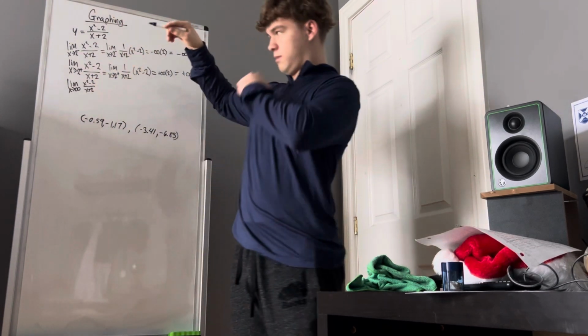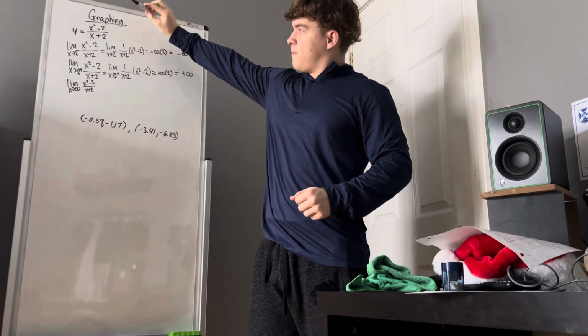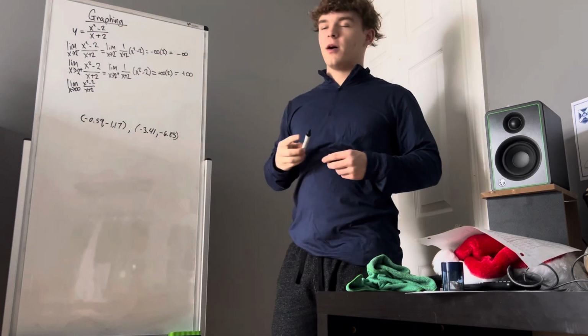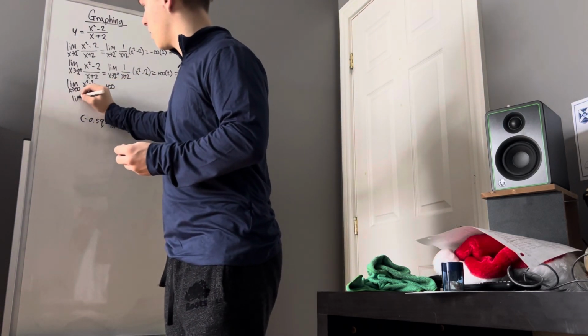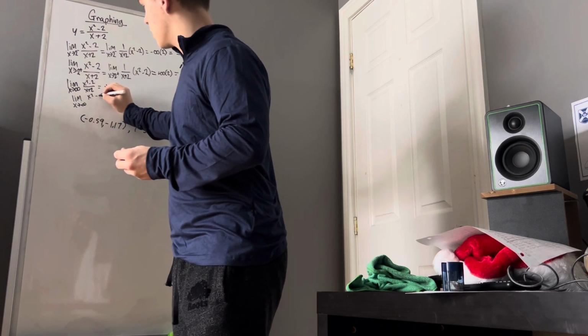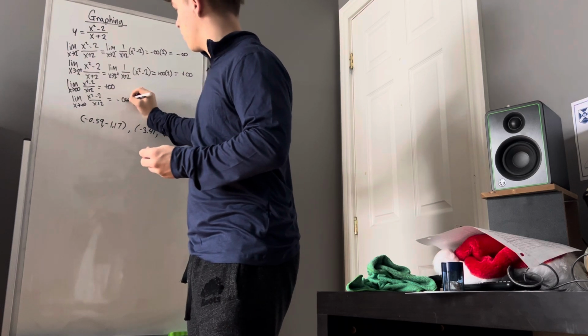We can see the degree is 1 higher on the top than the bottom, so that's just going to give us positive infinity. Same for the limit as x approaches negative infinity. Since the degree is higher on top than the bottom, we're going to get negative infinity.